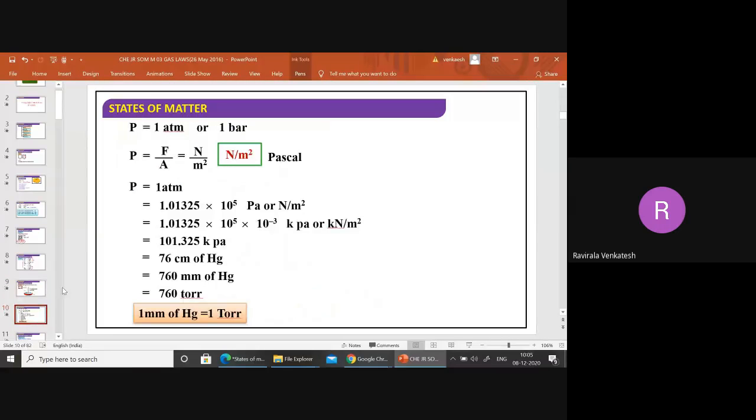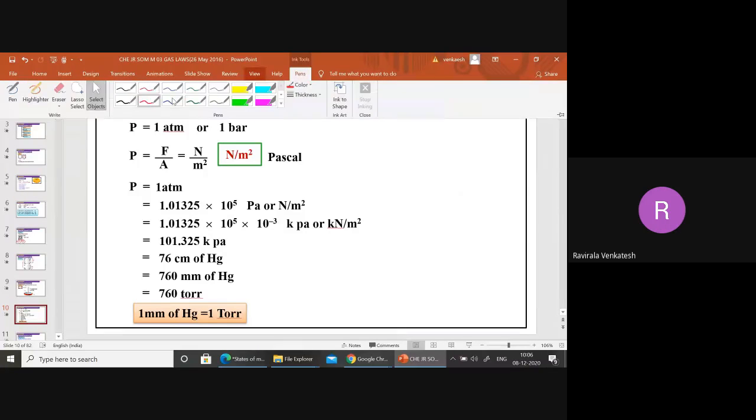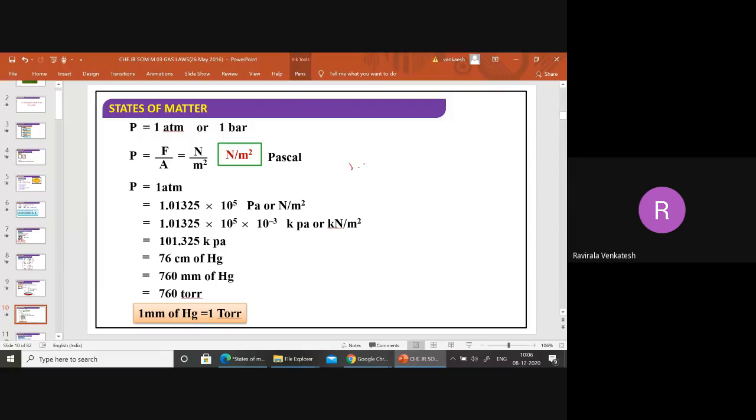This will be useful for the barometer. Now, here. Generally, the Pascal formula: pressure is equal to force by area, force is in Newton, area is in meter square. You get pressure as Newton per meter square. Now, in this case, if I take 1 atmosphere, it will be equal to 1.01 into 10 to the power of 5 pascals.